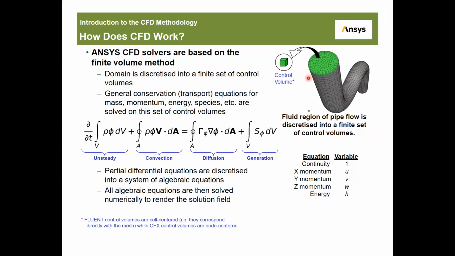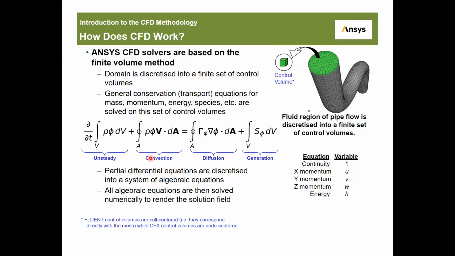Discretize means you have to break it down into small elements. For example, this blue and green one, we break it into several, or millions, or thousands of cubes. This cube we call a control volume. So we just analyze this one cube only, and then we transfer the information between cubes, right?